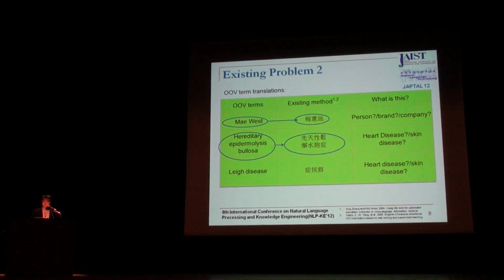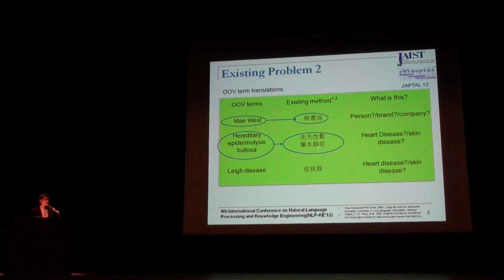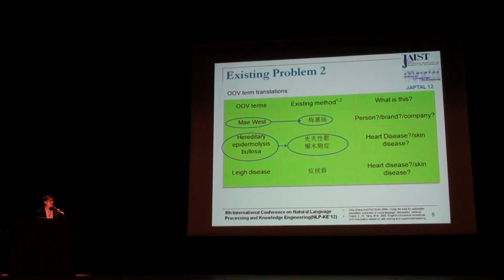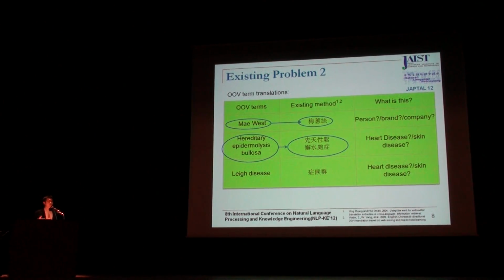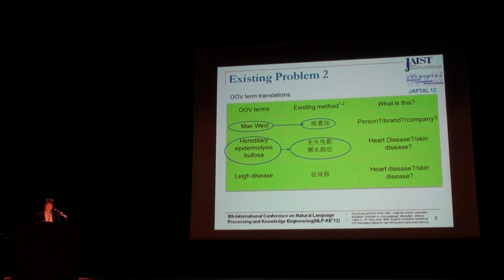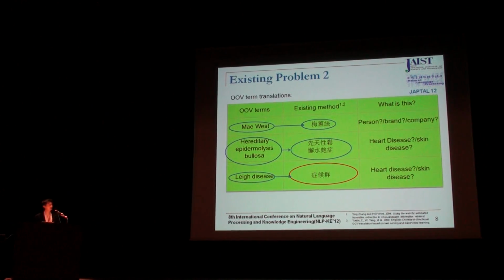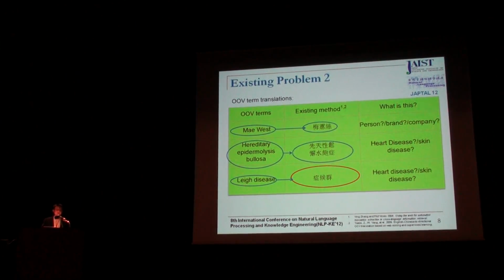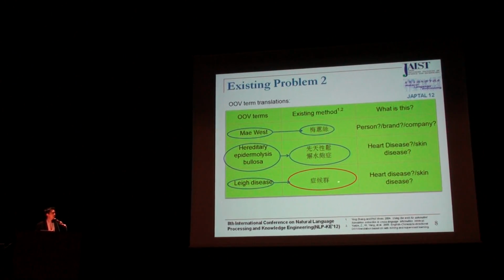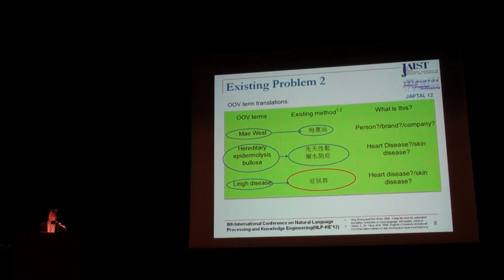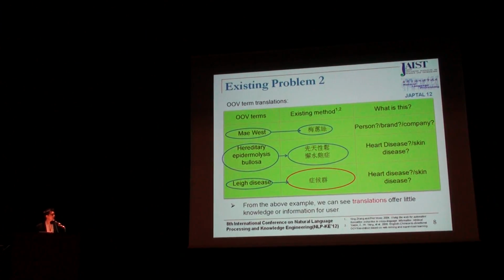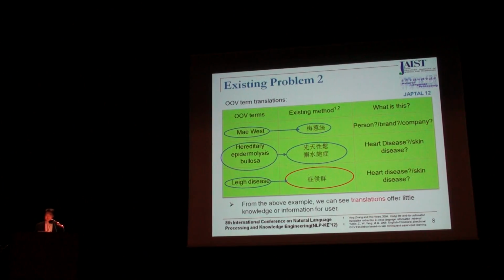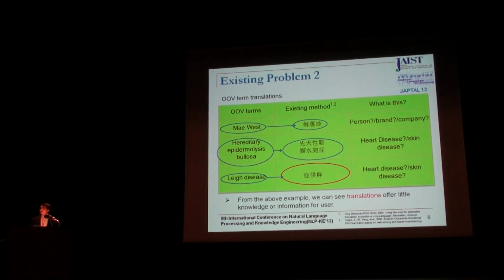And for the second one, we can guess from the Chinese characters that this is probably a disease. But do we know if it is a heart disease, a skin disease, or a neurological disease, whatever kind of disease? And the last one, the first translation is a Hebrew translation. The existing system simply ignores the English part and gives us a partial translation. The translation itself is wrong, and also does not give any meaning of what those diseases are. So from the above examples, we can see translations offer little knowledge or information for the user.